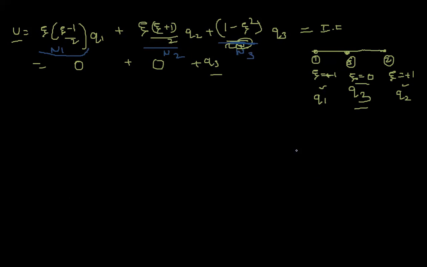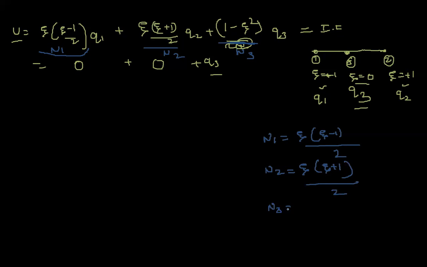From the above equation, N1 is equal to zeta into zeta minus 1 divided by 2. Similarly, N2 is equal to zeta into zeta plus 1 whole divided by 2. And N3 is equal to 1 minus zeta square. These three are called the shape functions for the quadratic element.